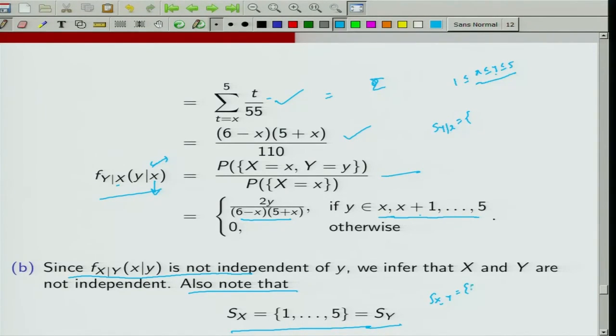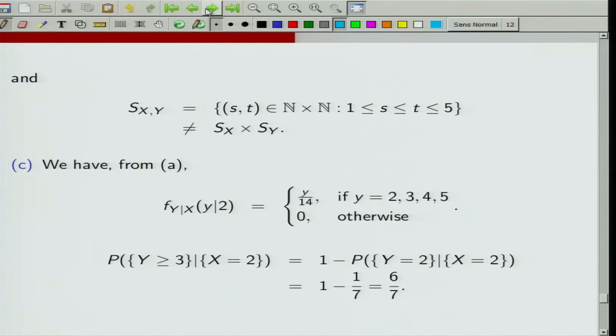S x y is the collection of all those x, y such that 1 less than or equal to x less than or equal to y less than or equal to 5, with x, y belonging to the set of natural numbers. Because S x y forces x less than or equal to y, whereas S x cross S y does not force x less than or equal to y. So, that is why the two are not equivalent. S x y is not the same as S x cross S y, because here x less than or equal to y is being forced, whereas in the cross product, x less than or equal to y is not being forced.